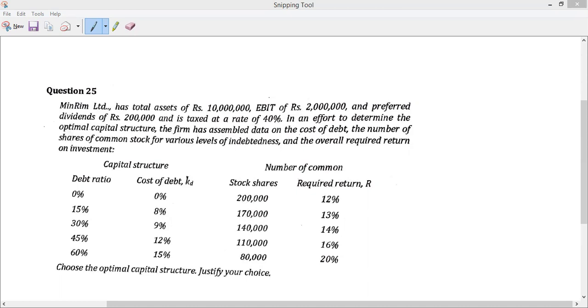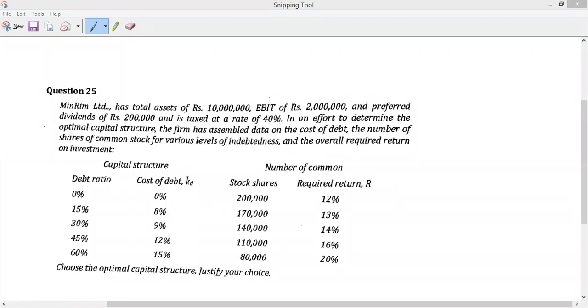Dheeraj, for all these, we have to calculate separately, right? Yes. For the first row, we have to calculate WACC as well as value of the firm. So what Joshi was telling is net income was 10 lakh. How did he get it? Because we have to do total assets into 15%, and then 8% of that. For the second one, the debt ratio is 15%.